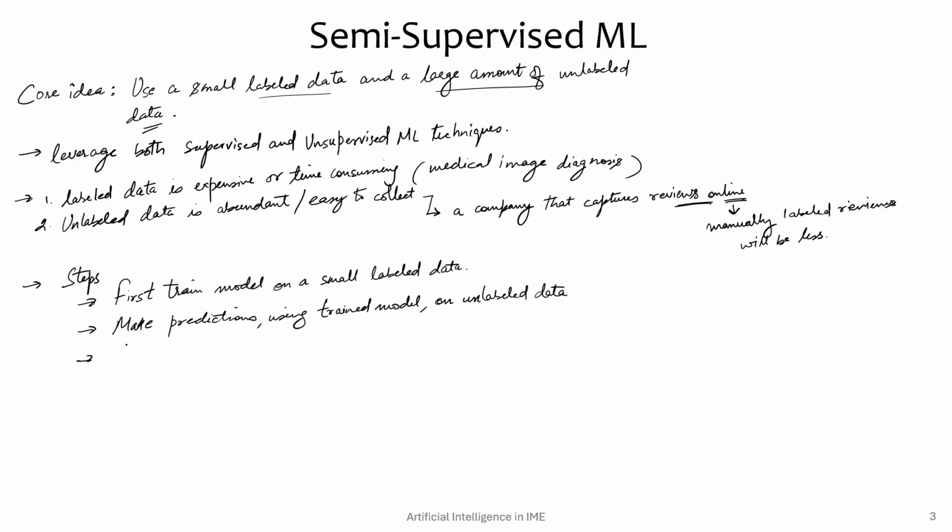Now the third step is to use the model's most reliable predictions as pseudo labels. So the problem of this large amount of unlabeled data gets reduced by utilizing and creating these pseudo labels, right?